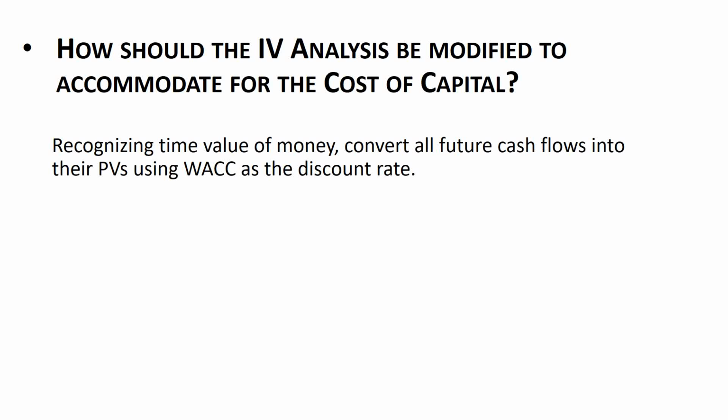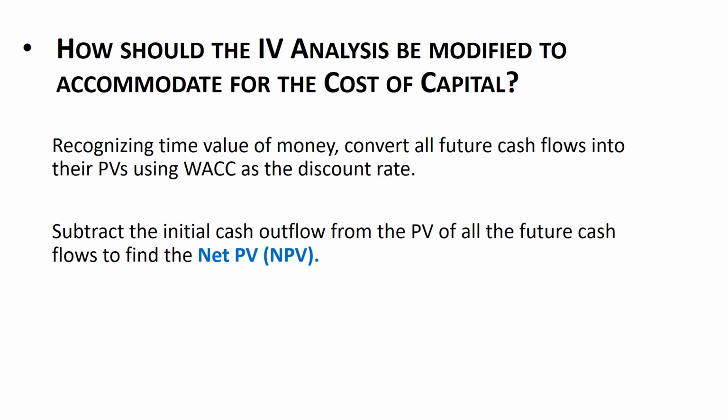You should say, when is it coming? The sooner it comes, the more valuable it is, because against it I can borrow more money from the bank. So you convert all future cash flows into present values, using the weighted average cost of capital as your R, as your discount rate.